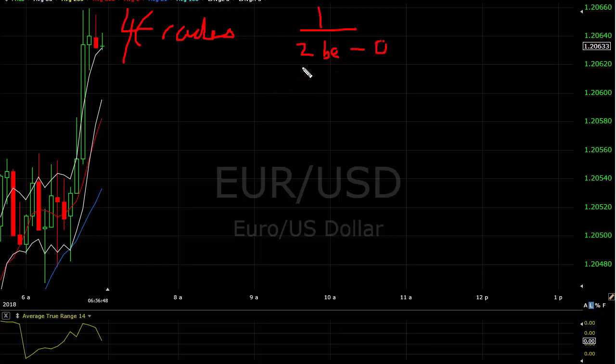They have 1 loser, and let's assume they're risking 1%, so it's minus 1%, and they have 1 winner. Let's say on their winners they make 3 times their risk, so they made plus 3 on that. That gives them a net of plus 2.